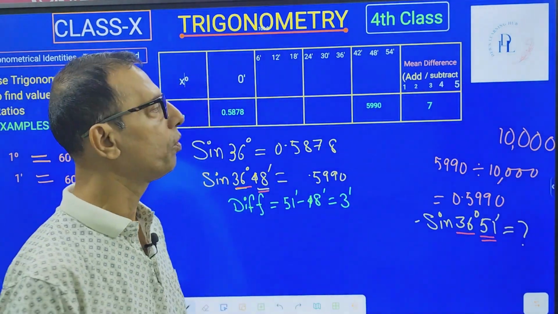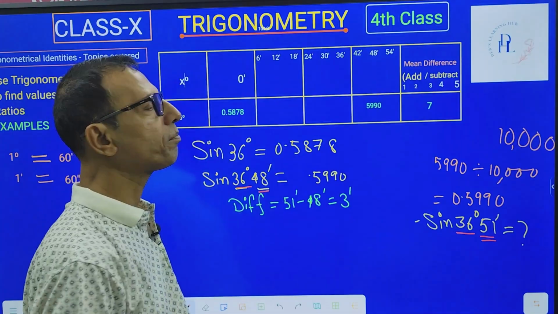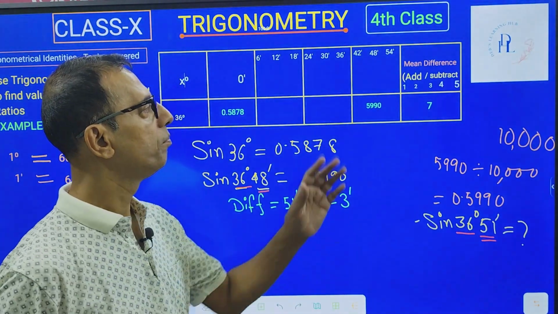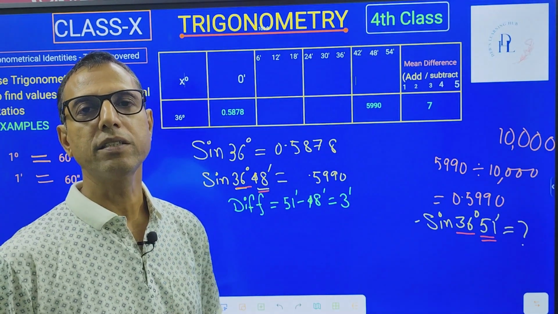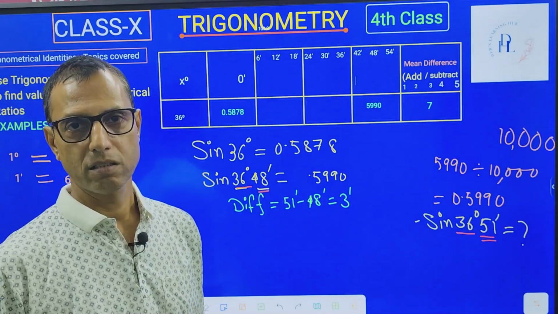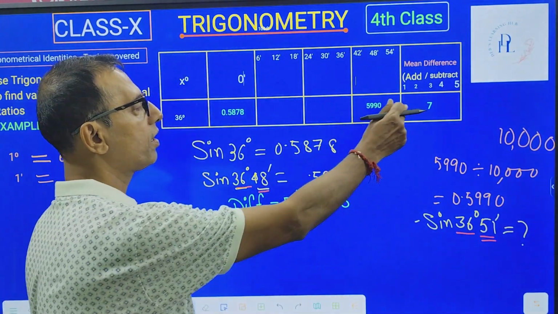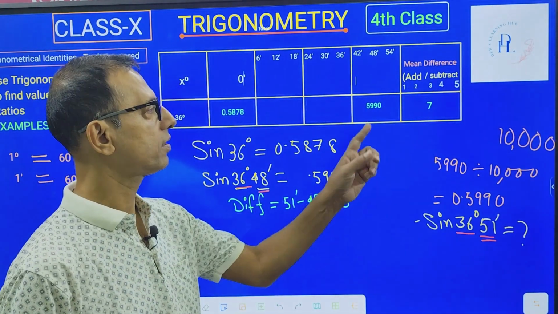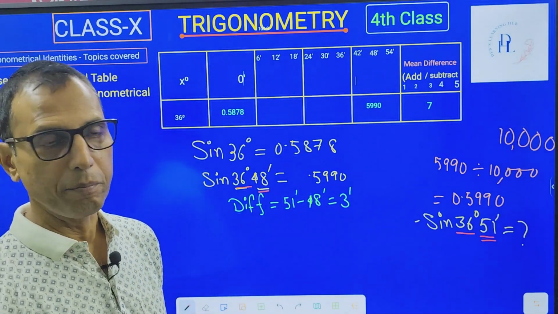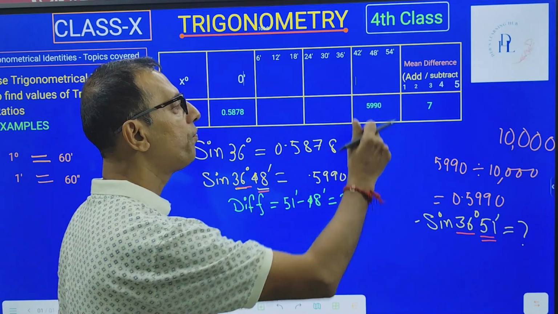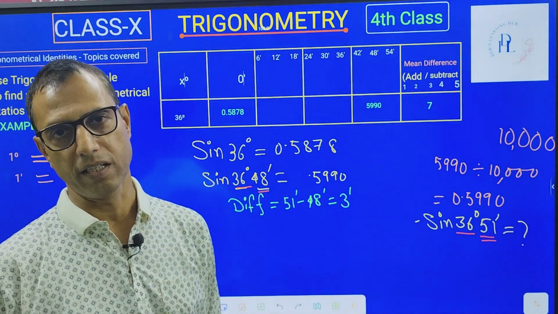Sometimes it is told, rather than giving each minute, let's say somebody says the mean difference for 36 degree is 9. What does it mean? Not giving this table, it is saying the mean difference is 9.